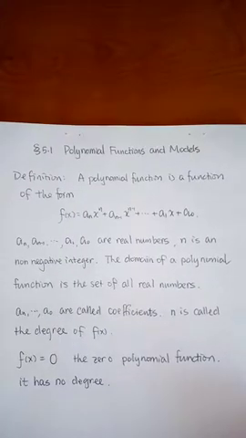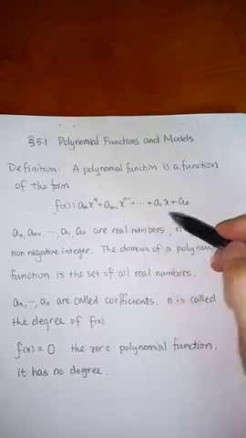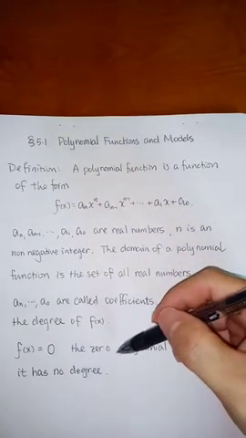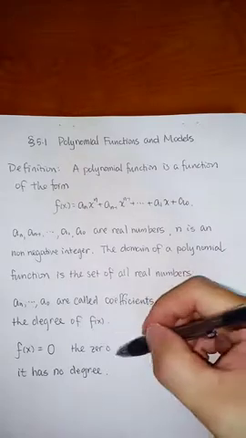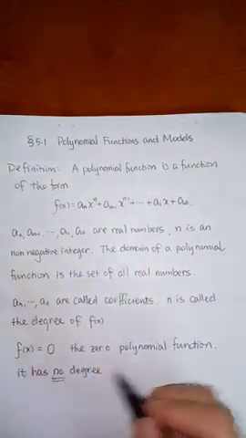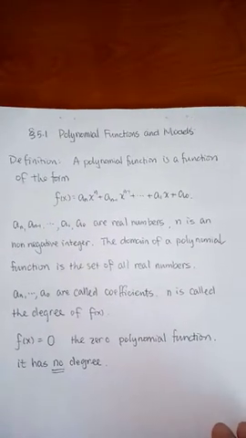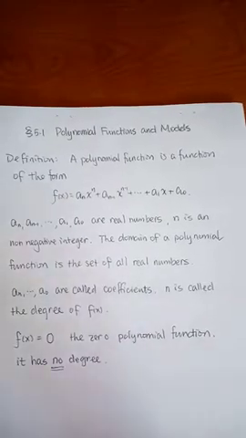So when all the coefficients are 0, the corresponding function is called the zero polynomial function, and it has no degree. So if a statement says all polynomial functions have a degree, it's wrong. The zero polynomial has no degree.